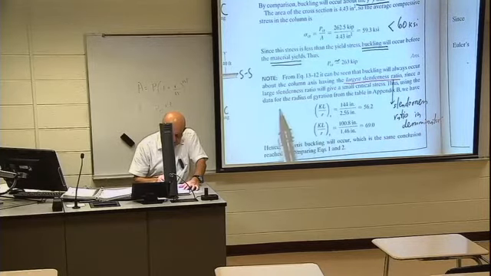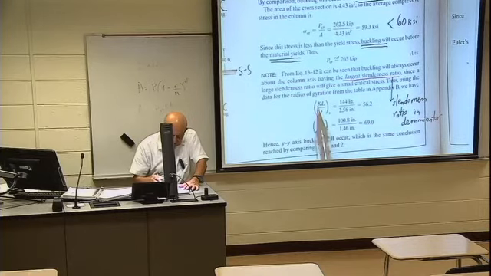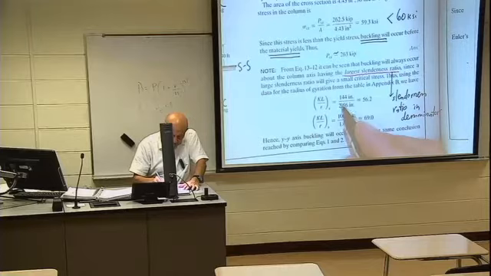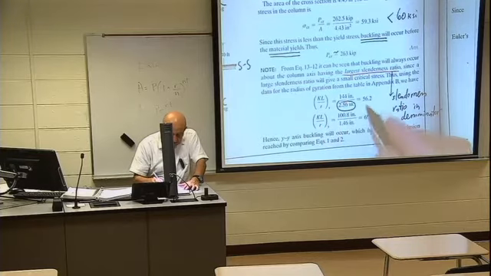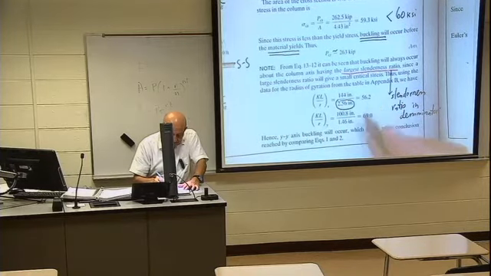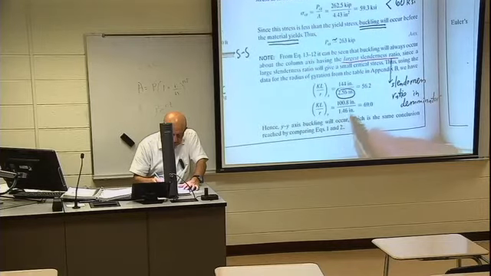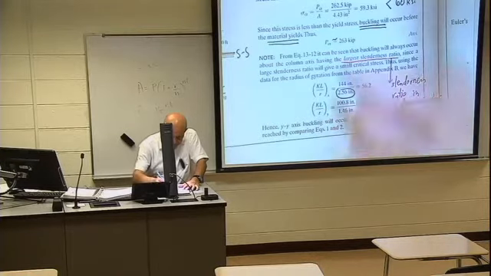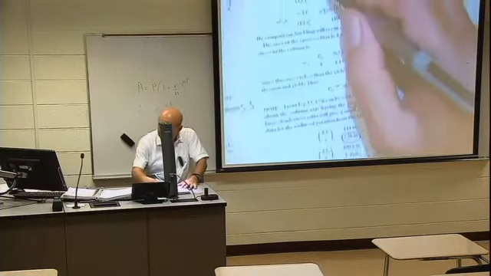Using the radius of gyration from the same table, with KL in the x direction of 144, the slenderness ratio is 56.2. In the y direction, KL we calculated is 100.8.